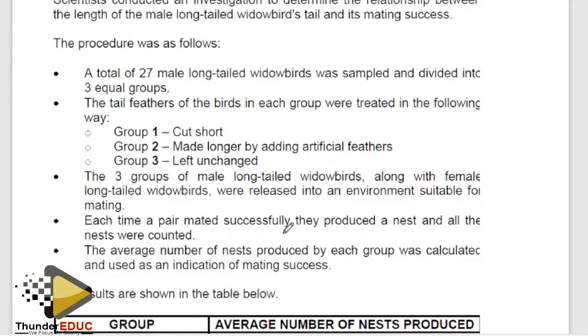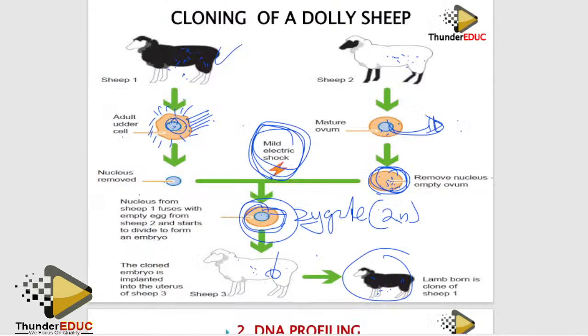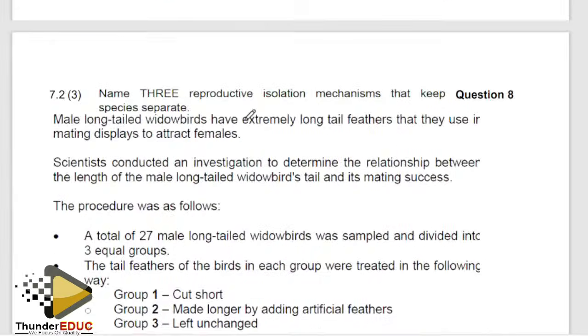Give differences between Lamarck's theory and Darwin's theory. Lamarck's theory: organisms evolve because they want to evolve. If I want to be tall, guys, I will just stretch my head and then I become tall. That's what Lamarck says.